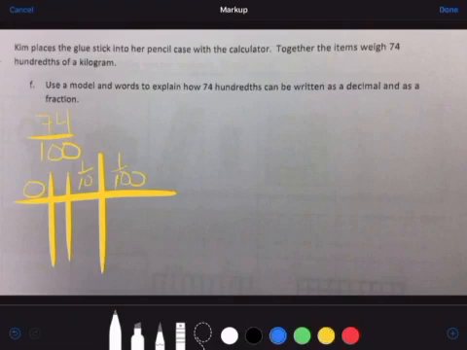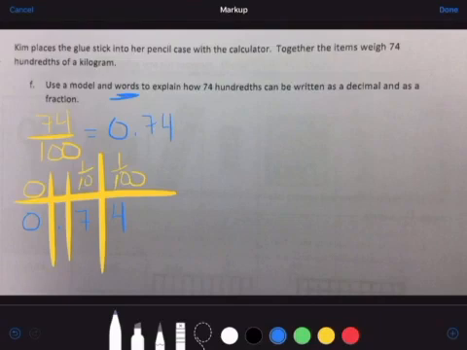And so we could put in there, well, I have 0 ones, I have a decimal, I have 7/10ths, and I have 4 hundredths. So there it is in decimal form. So that's our model. We have a place value chart showing the fraction as a decimal, but we also have to say it in words.